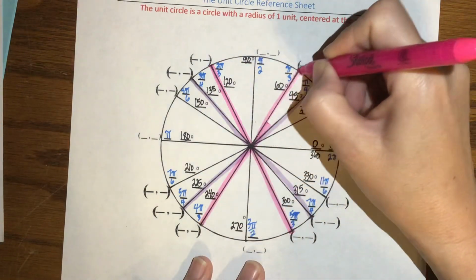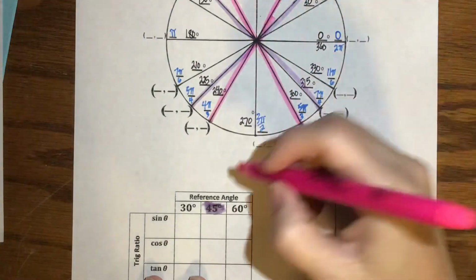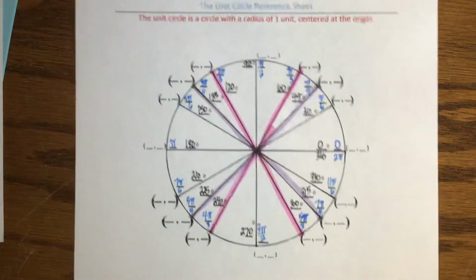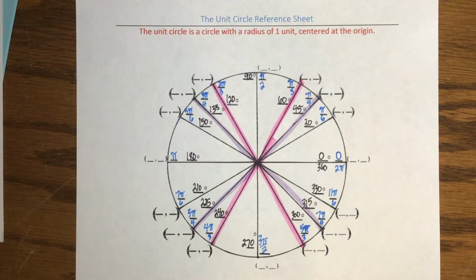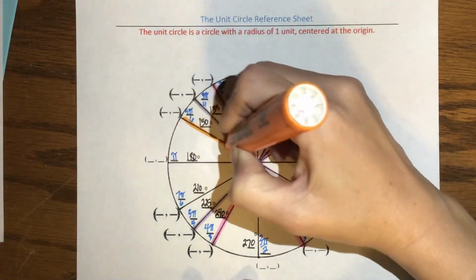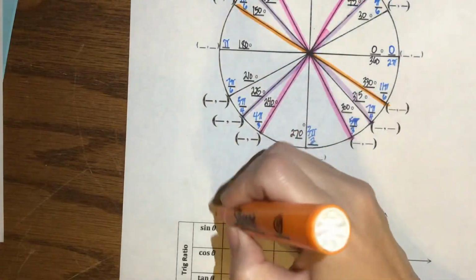In other words, these have the same reference angle. So the 60 degree ones I'm making pink. And then the 30 degree ones I am making orange. I'm actually going to do these at the same time.